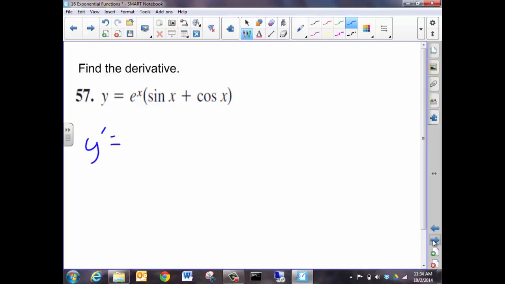If we distribute, how are we going to take the derivative? Product rule twice, aren't we? So we can either do the product rule once like it is, or distribute it and do the product rule twice. So just decide how you want to do it there. I would do it just like it is, I think.